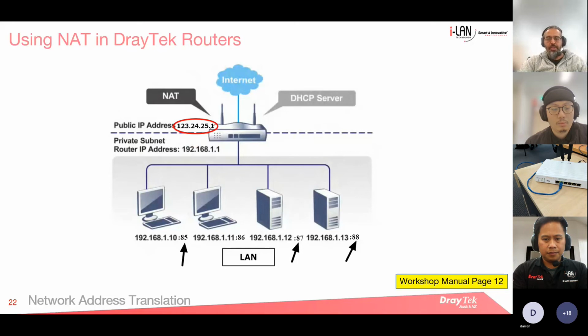So far, so good. But what happens if we want specific traffic to be directed to a specific device on our LAN? How's the router going to know which device to send that traffic to? To get around this issue, we use what is known as ports. For each WAN IP address, there are 65,536 ports for TCP and the same for UDP.